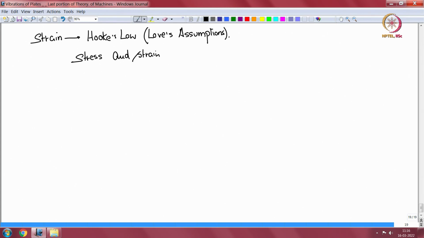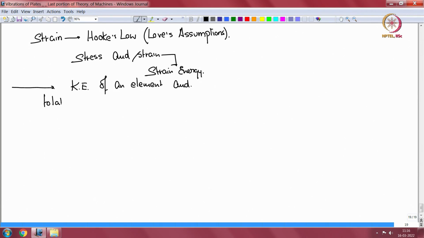From here we will form the strain energy. From the other side we will look at the kinetic energy of an element and the total material, total structure, through integrals over the structural dimensions. Then we will subject it to Hamilton's law. That is the idea.